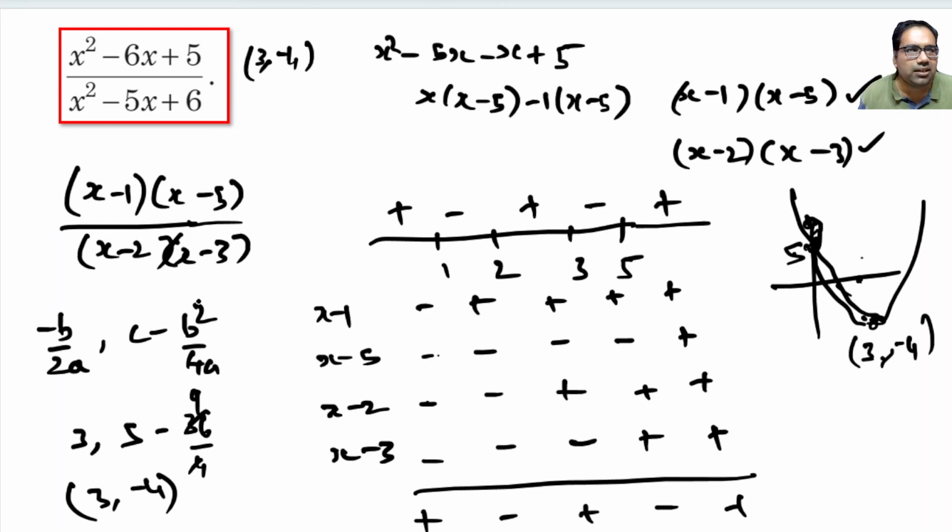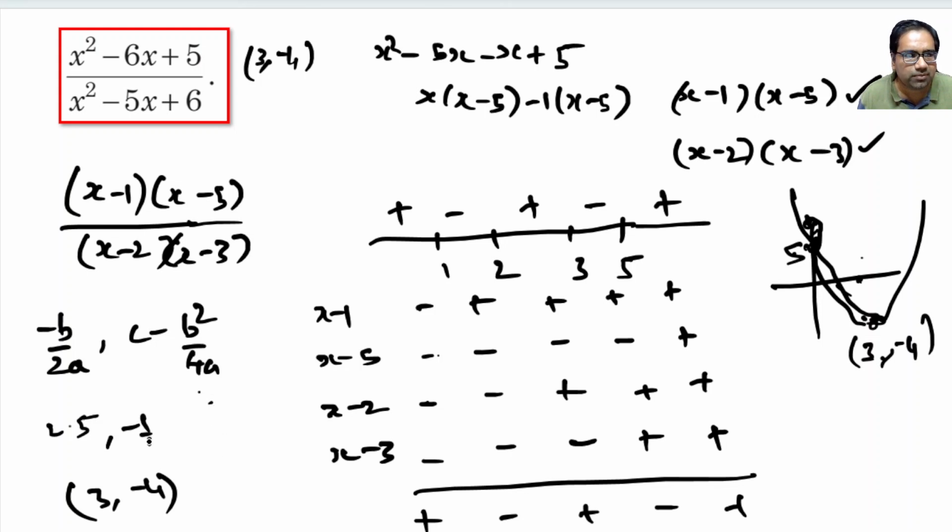Okay, now similarly, for the other one, minus b by 2a is 5 by 2, which is 2.5, and c minus b square by 4a is 6 minus 25 by 4, which is nothing but 24 minus 25 over 4, that is minus 1 by 4.